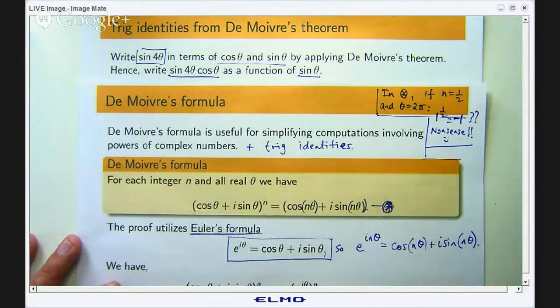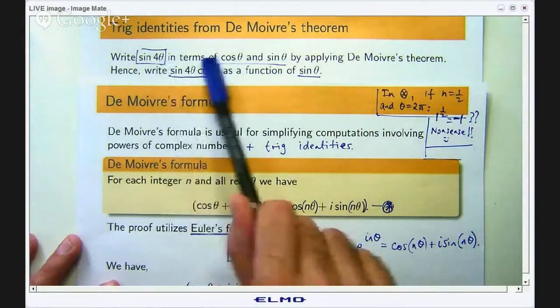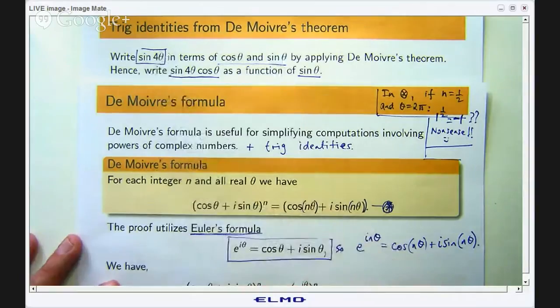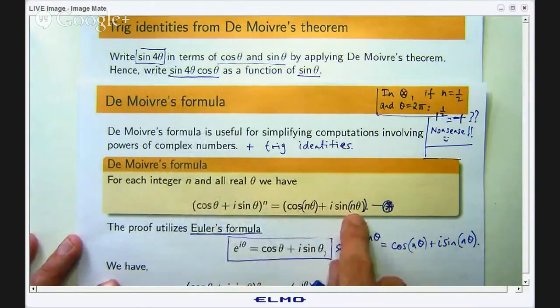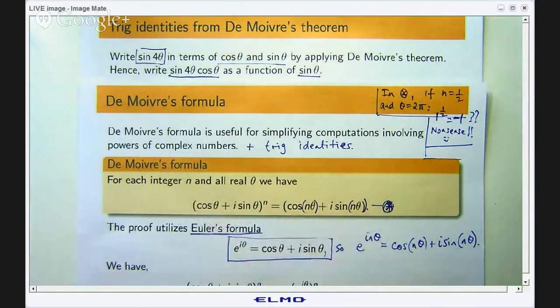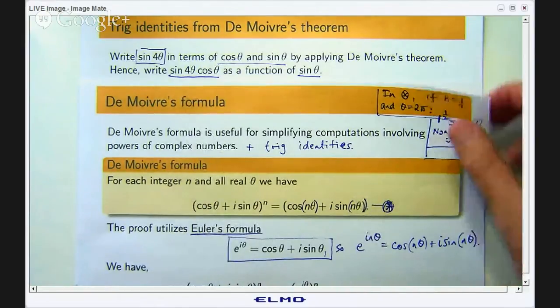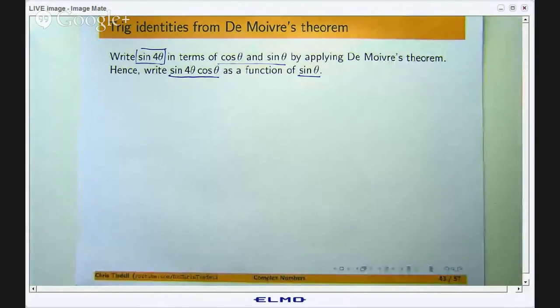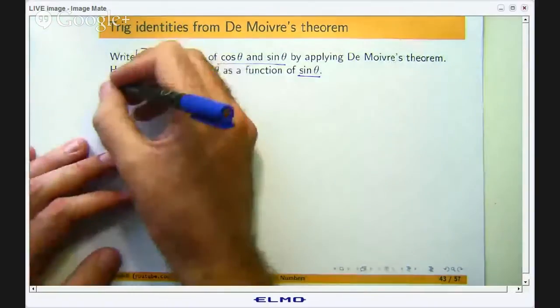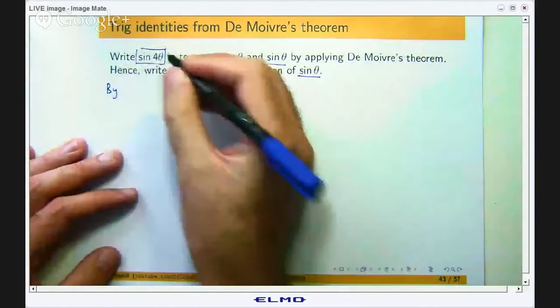Now, for the first part of this problem, we've got sine 4 theta. So in here, you would have n equals 4. So the very first step for these kinds of problems is working out which value of n you're going to use de Moivre's theorem or de Moivre's formula with. Okay, so let's start with that. We want to use n equals 4.